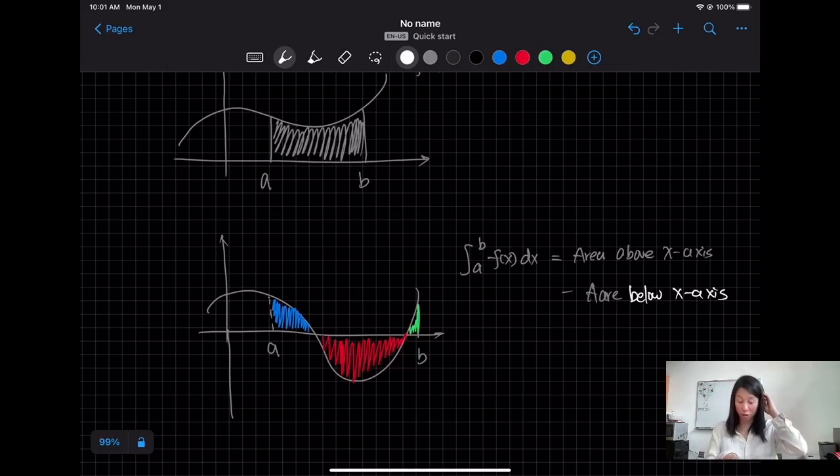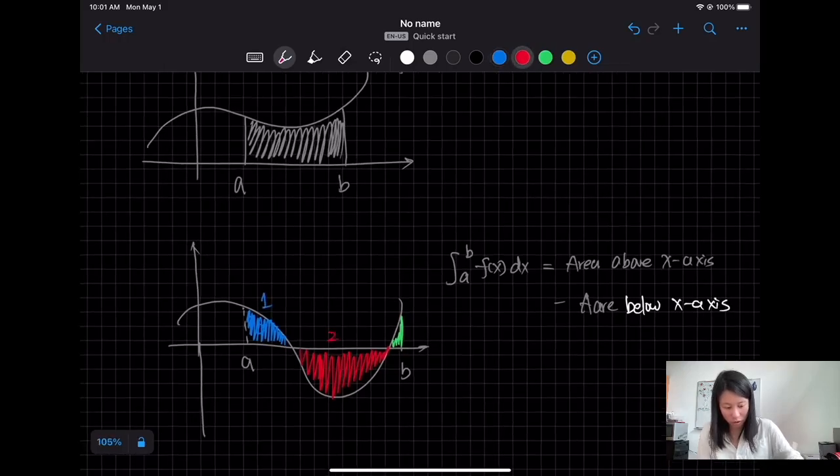That means this equals region 1 minus region 2 plus region 3: the area of the first region, subtract the second region, plus the third.